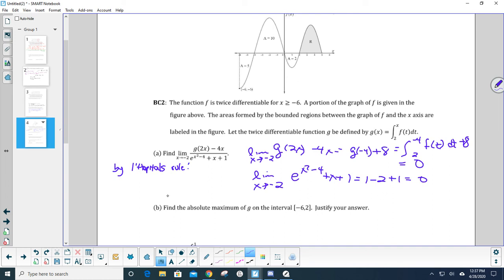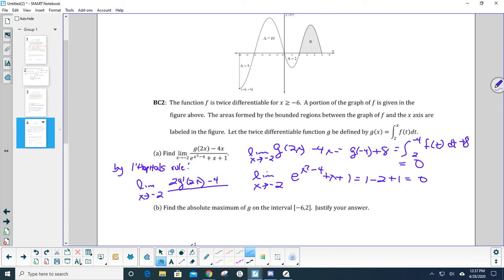I am going to say the limit as x approaches -2. Now be careful right here. The derivative of this is 2g prime sub 2x, correct? Y'all good with me there? Because of chain rule? Yeah. And then underneath here, this gets so ugly.